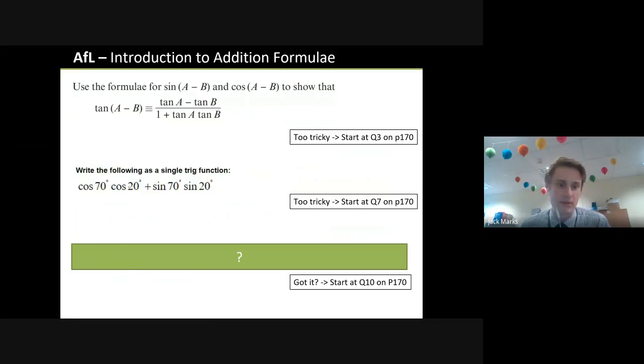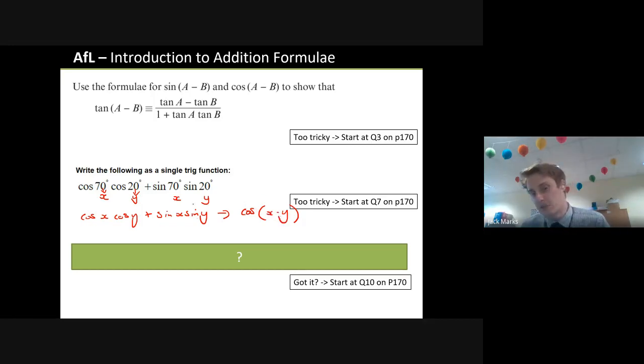We also need to be able to recognize the form and go backwards. For example, if I call 70 x and 20 y, can you see I've got cos x, cos y, plus sine x, sine y. That fits the pattern backwards: cos, cos, sine, sine. This is cos, and the signs are opposite, x minus y.